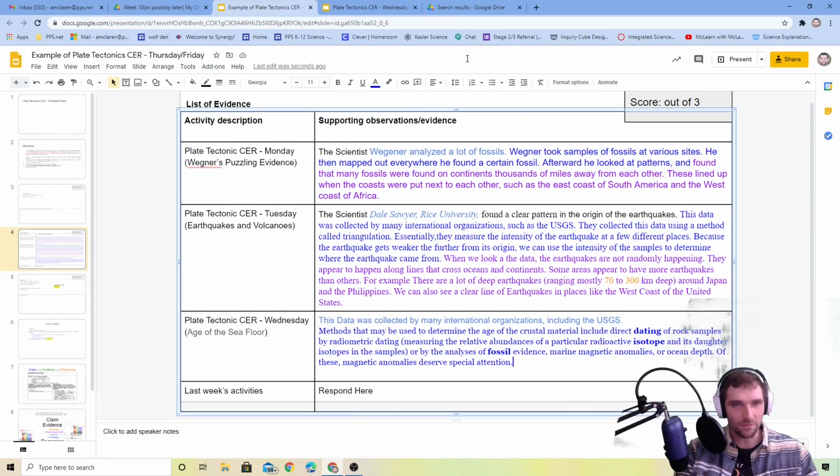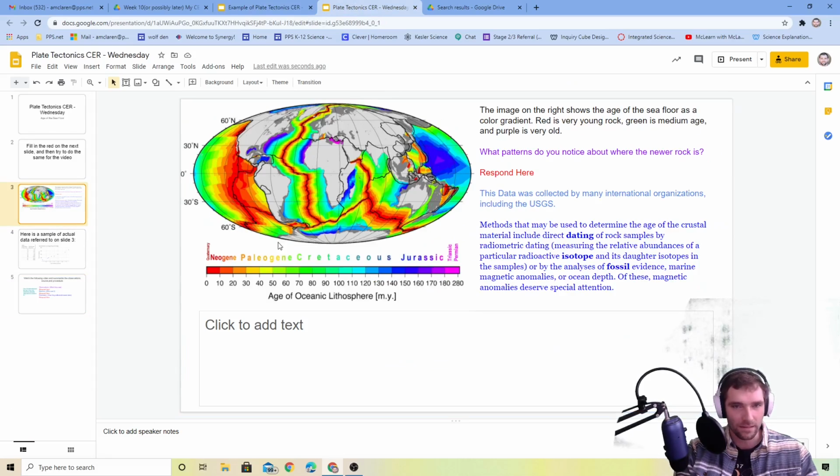And then if we're looking at the data here, it looks like in some places there's very, very new ocean floor, along this ridge line here, and then there's some very old ocean floor in some places, like right here.